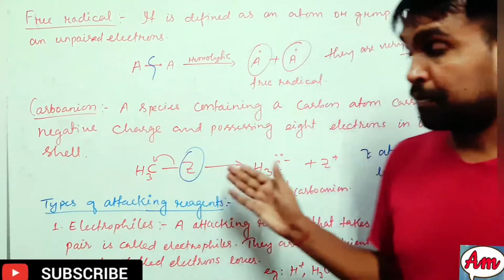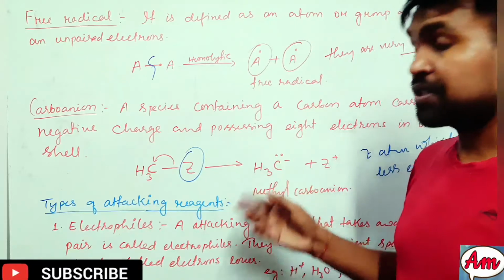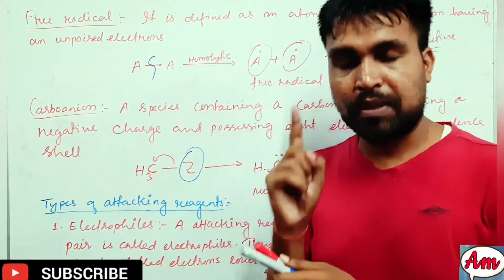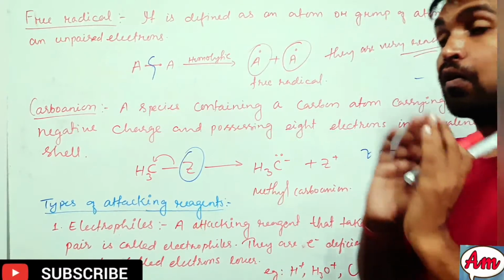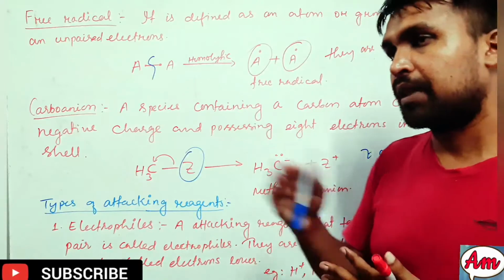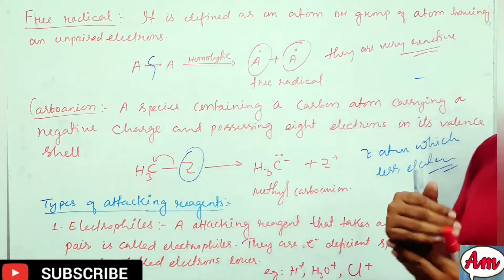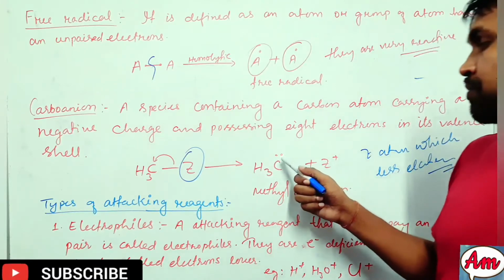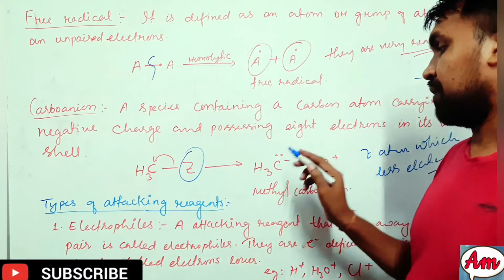Towards the carbon. Okay, so carbon, since it is gaining the electron, always remember, dear student, if there is a gain of electron, there will be a negative charge, and if there is a loss of electron, there will be a positive charge. The one which is losing the electron gets a positive charge, and the one which is gaining the electron gets a negative charge. So carbon has gained the electrons, which we have represented here.